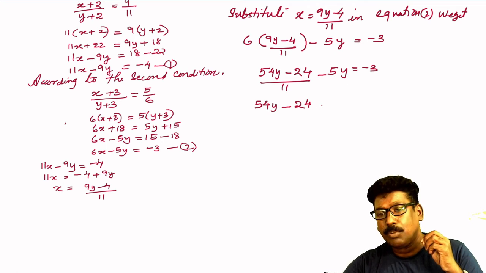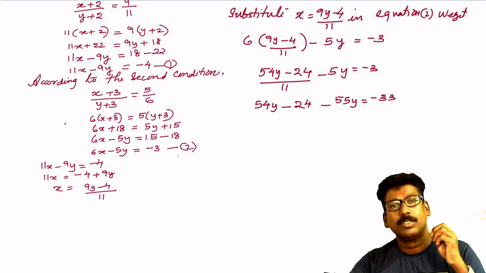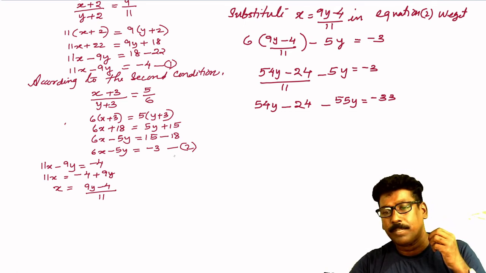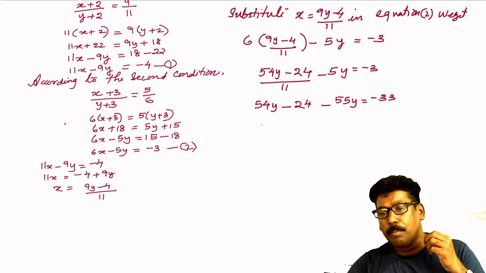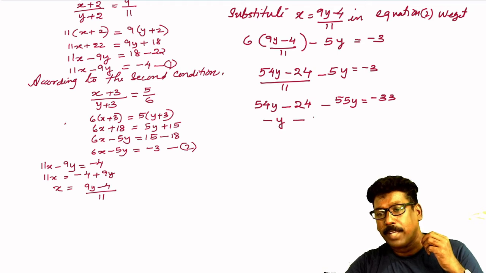Then here if you multiply by 11 you will get 11 into 5, 55y. Here if you multiply by 11 you will get negative 33. That means each term you multiplied by 11. Now 54y minus 55y you get minus y minus 24 is equal to minus 33.